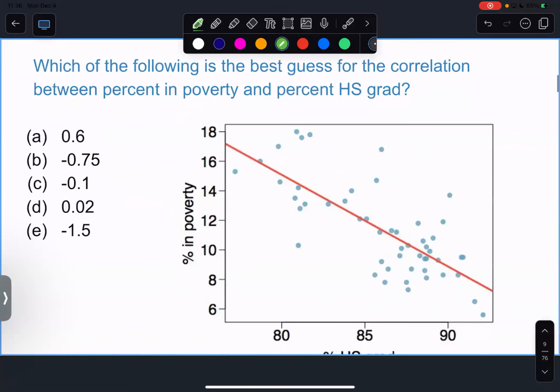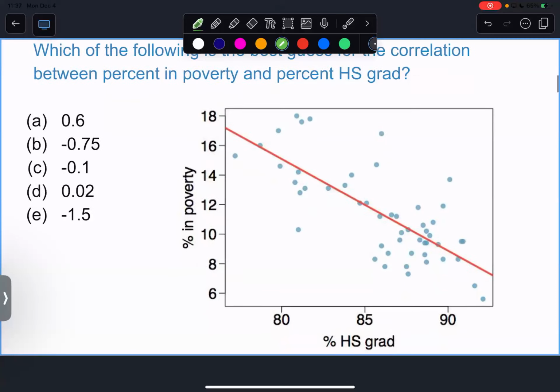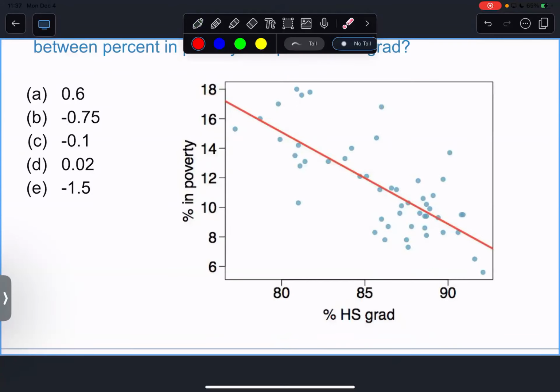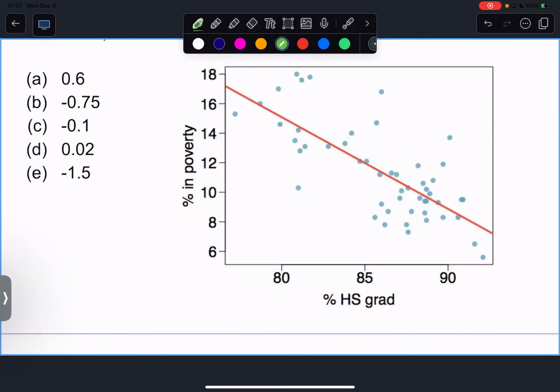So we can do fun things like, okay, what do we have here? We've got a scatter plot of the percentage in poverty and the percentage of high school grads again, and we want to figure out the best guess at the correlation. We'll do these relatively quickly. I know it has to be negative, because the correlation describes the strength and the direction. And so A and D are out immediately because they're positive.